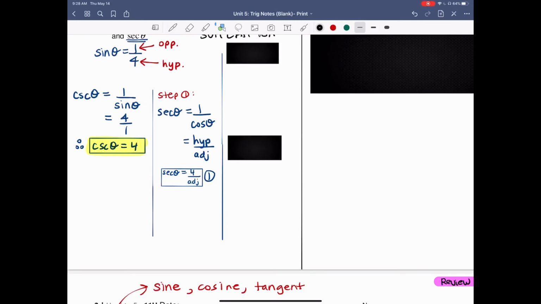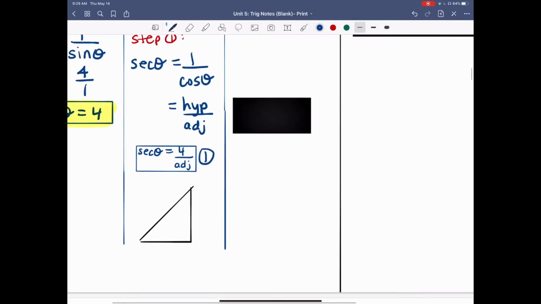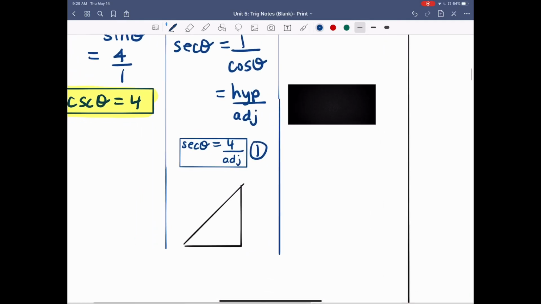So I am going to draw a right angle triangle with this fancy notepad. And for this triangle, you're making it convenient for you. It doesn't have to be exact. It's very much a sketch. So I usually start off by drawing my best right angle triangle, and I draw my theta, which is my reference point. So for my triangle, I need to label it. And so I have my adjacent here, but that's the one I don't know and I want to figure out.